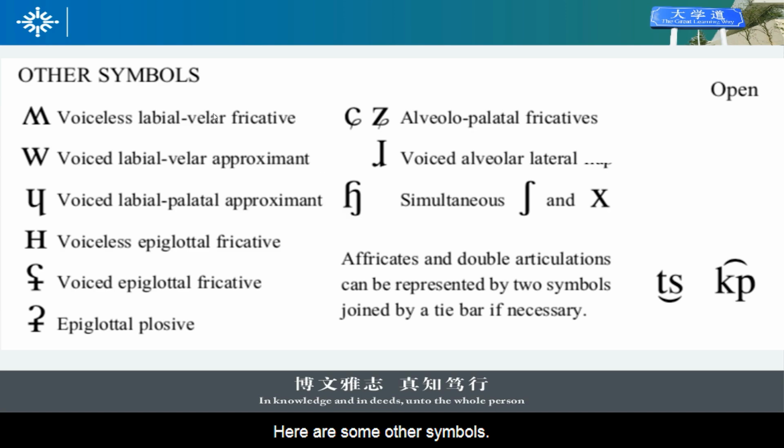Here are some other symbols. I think some of them are useful, especially for Chinese. For example, this one is c with a tail. It's very important for the Chinese language. In contemporary standard Mandarin, 普通话, the pronunciation of it is sh, sh. So it's an alveolo-palatal fricative.